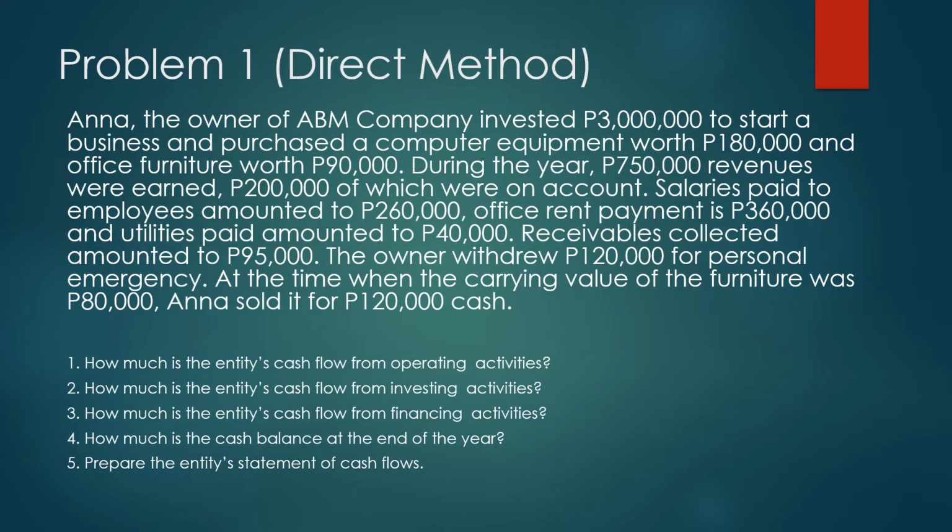Office rent payment is 360,000 and utilities paid amounted to 40,000. Receivables collected amounted to 95,000. The owner withdrew 120,000 for personal emergency. At a time when the carrying value of the furniture was 80,000, Anna sold it for 120,000 cash.